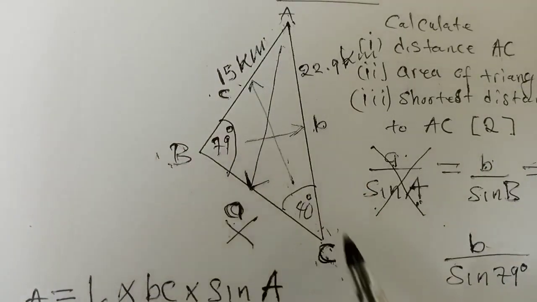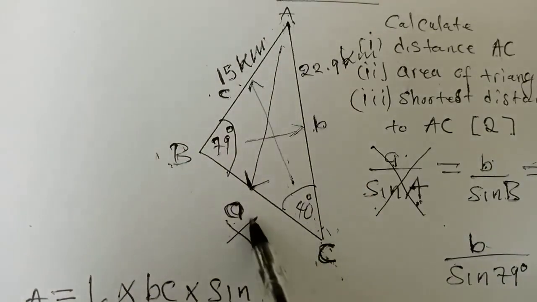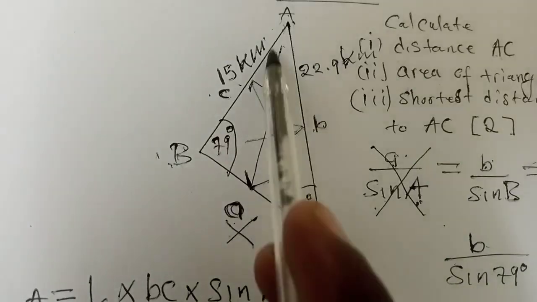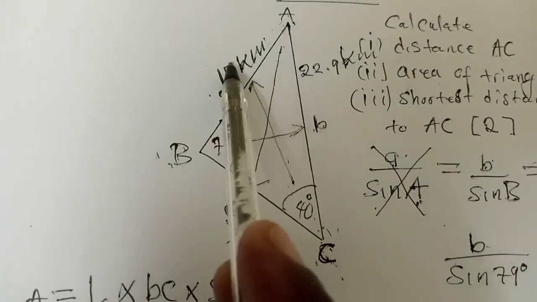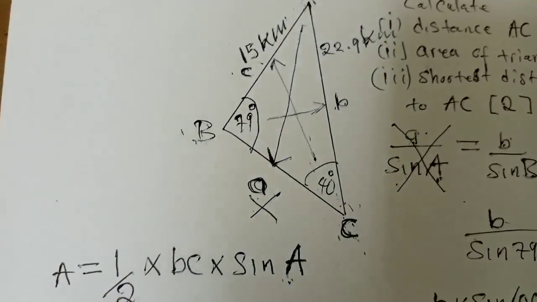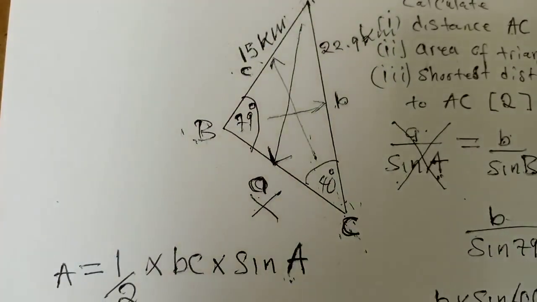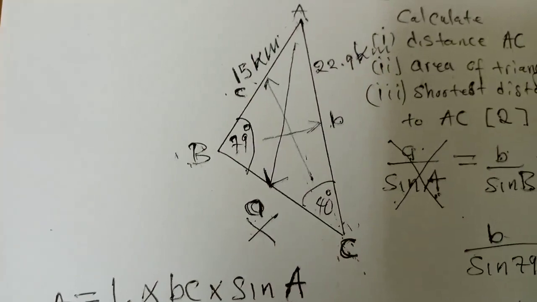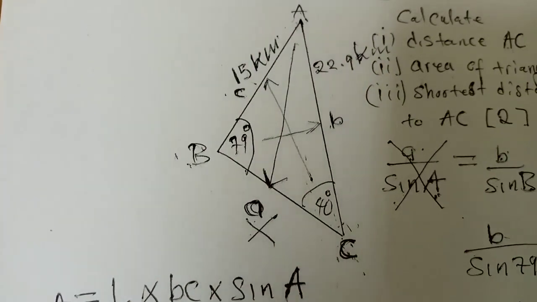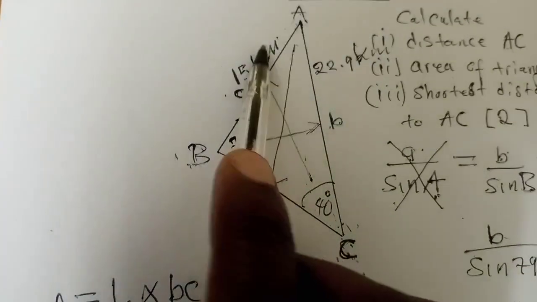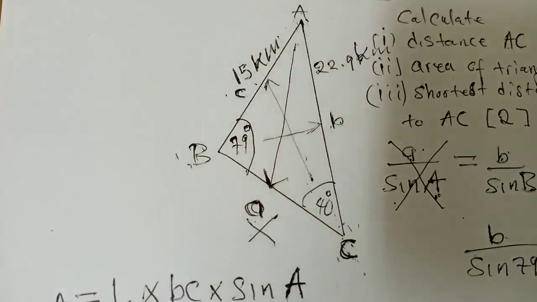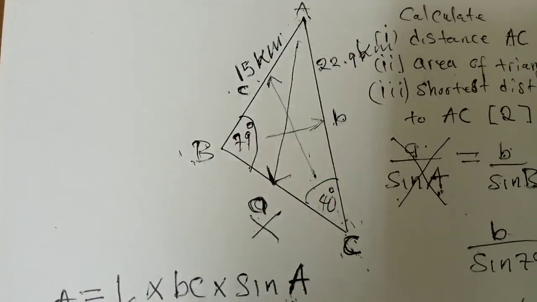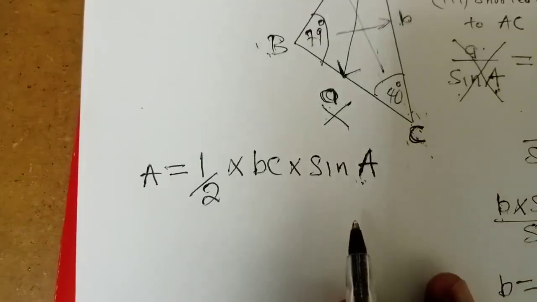It can be this angle surrounded by this distance and this distance. It can also be this one, surrounded by this angle and this angle. So the area that you find will be the same. But the key point is the angle is supposed to be surrounded by the 2 distances. That is how you find your area using this formula.